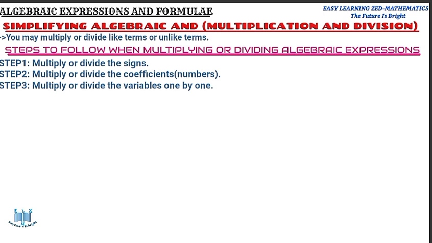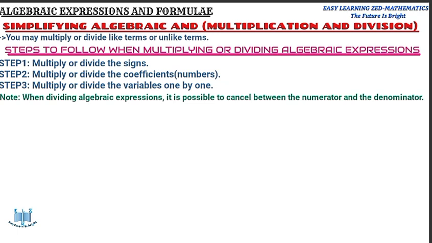Now you should also note that when dividing algebraic expressions, it is possible to cancel between the numerator and the denominator. Where it's necessary, you can just cancel out the numbers which are in the numerator or denominator. If you cancel out on the numerator, that means you also cancel out the denominator.